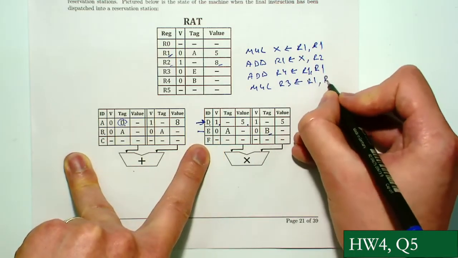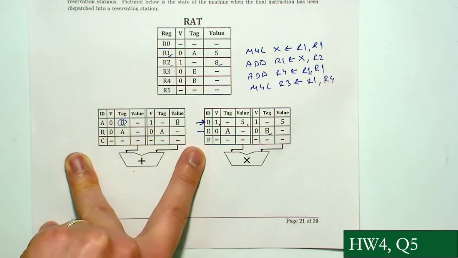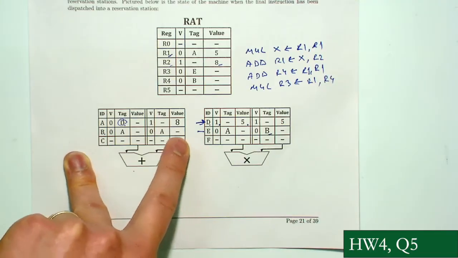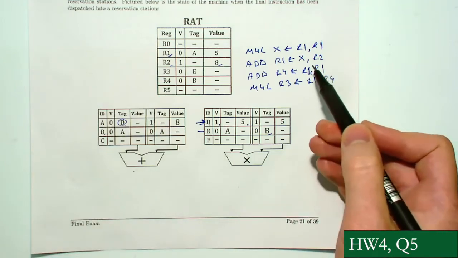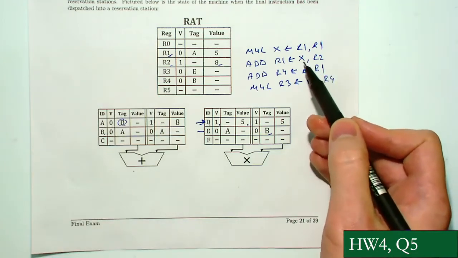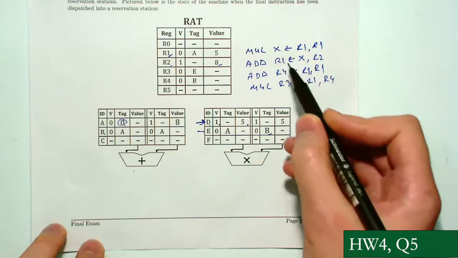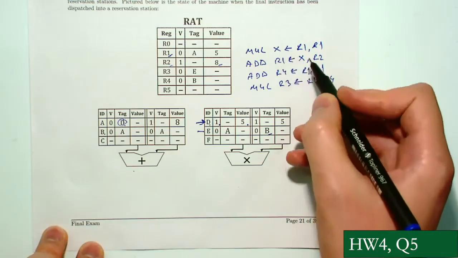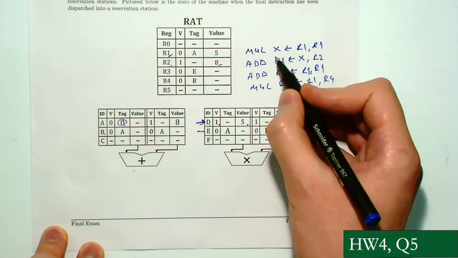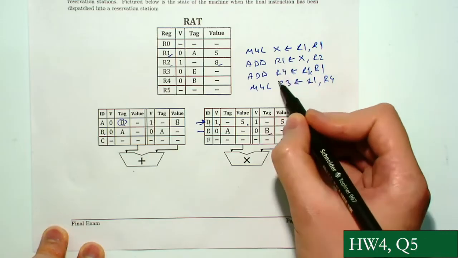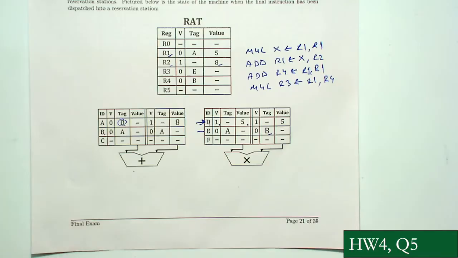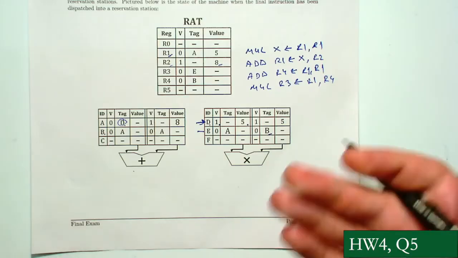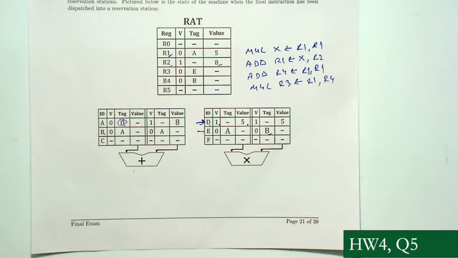So this is the program, and we couldn't find any clue about what X is. It could be R1, since R1 is overwritten by this instruction, or it could be R4, or it could be R3. It could be any of those, and nothing changes based on which register you put here.